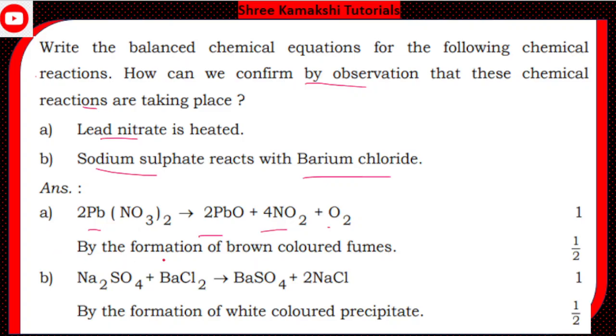That is confirmed by the formation of brown colored fumes. And the second one is Na2SO4 plus BaCl2 gives BaSO4 plus 2NaCl, by the formation of a white colored precipitate.